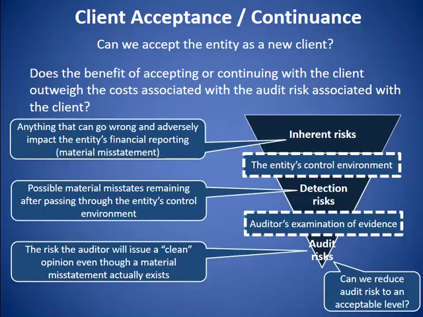And we take at the beginning a holistic view of things. If you take a look at this upside down triangle over here on the right hand side, you can see it's at its widest point at the top, where we say inherent risks. Now this represents, in effect, the number of things that can go wrong.